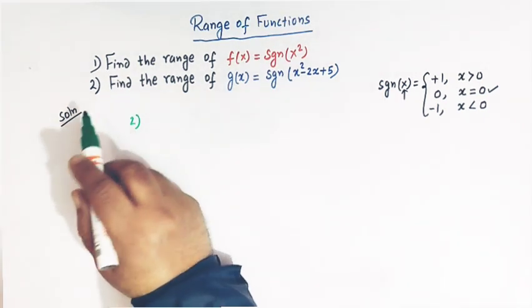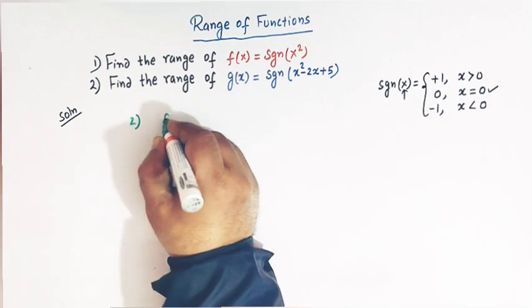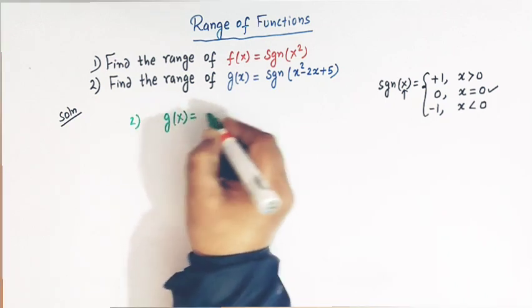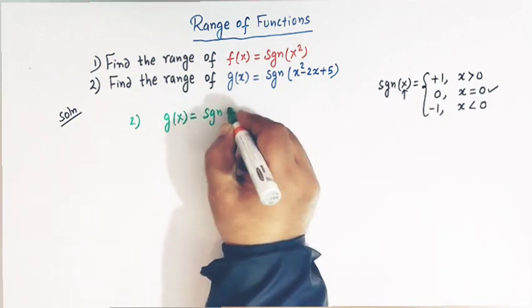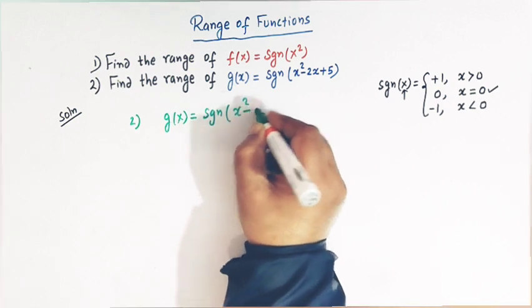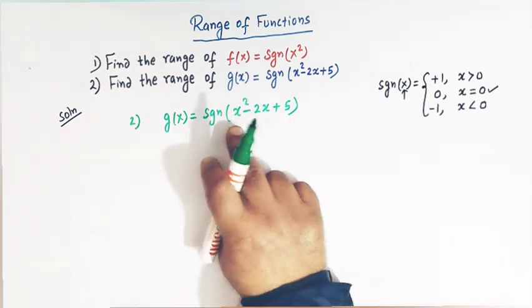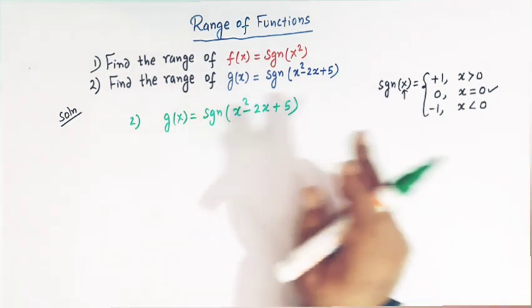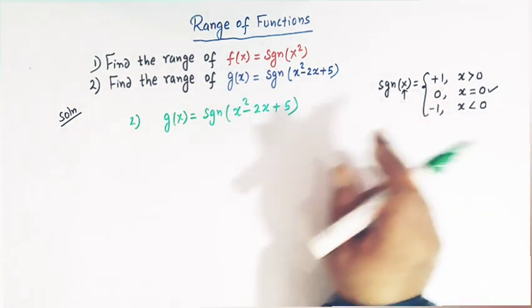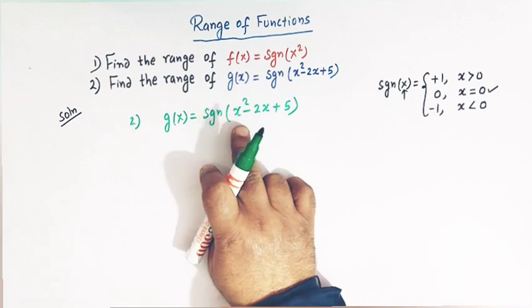Now let us consider the second problem. Here the function g(x) is defined as signum of x square minus 2x plus 5. We'll again apply this definition to find out the range of this function.